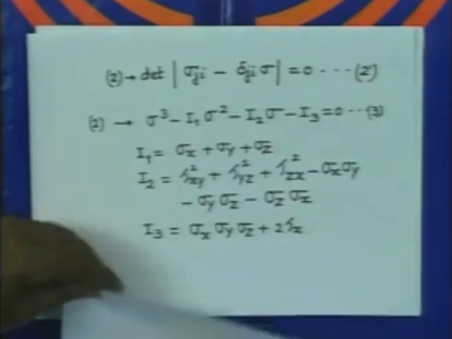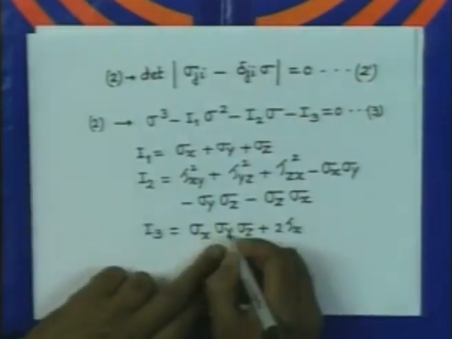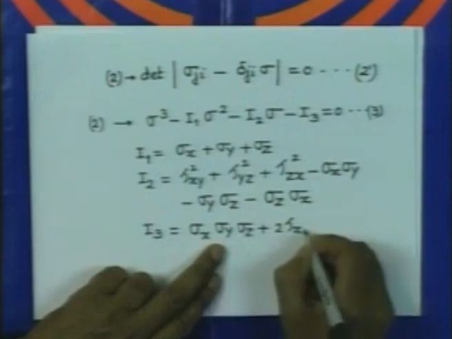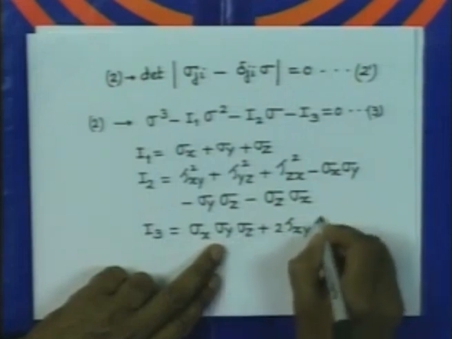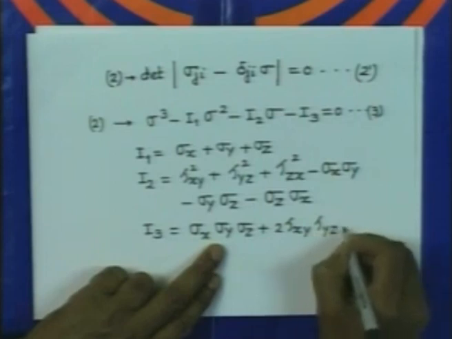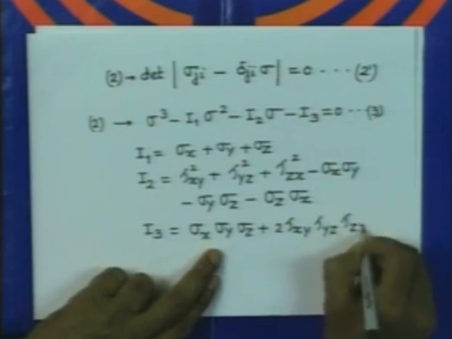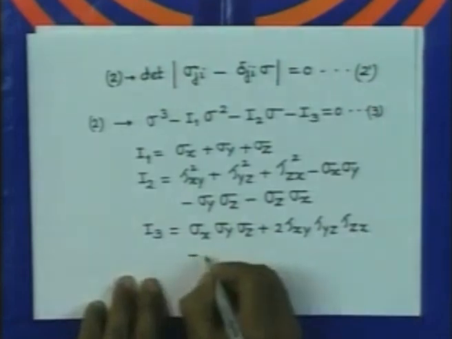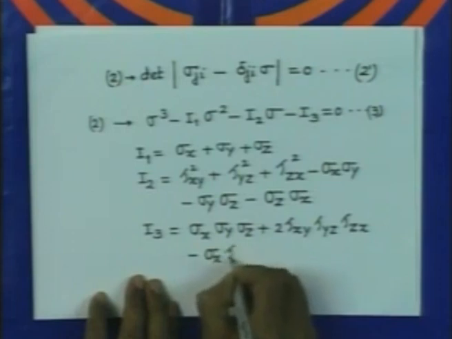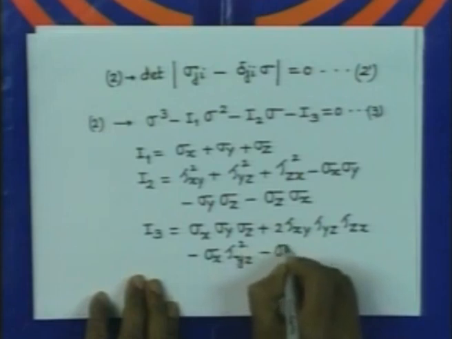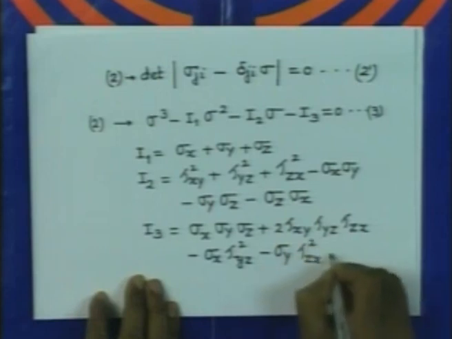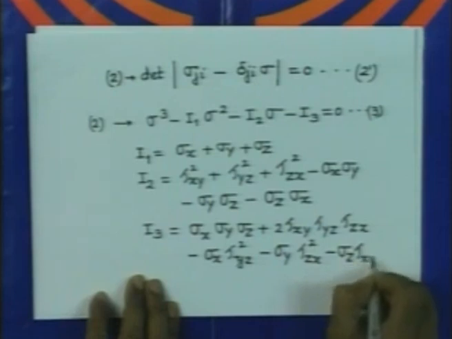Similarly, I3 is given by sigma x into sigma y into sigma z plus 2 into tau xy tau yz tau zx minus sigma x tau yz square minus sigma y tau zx square minus sigma z tau xy square.